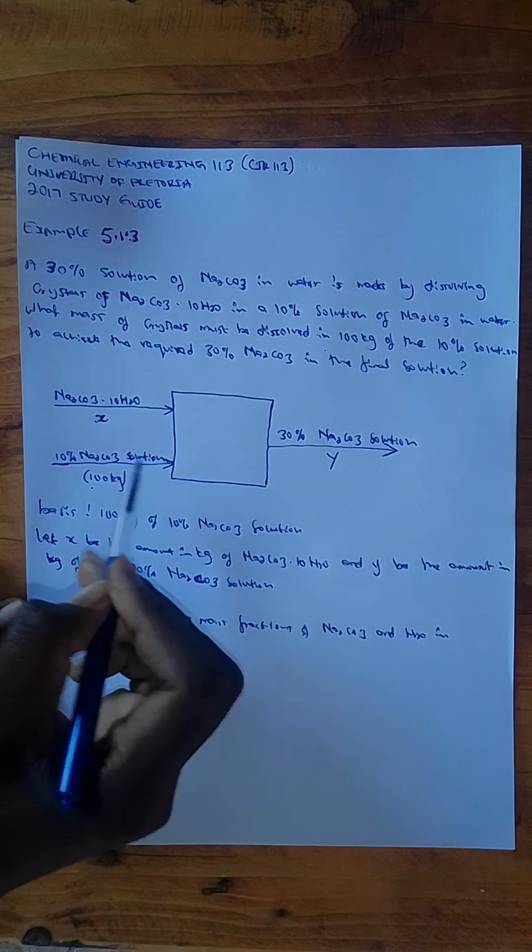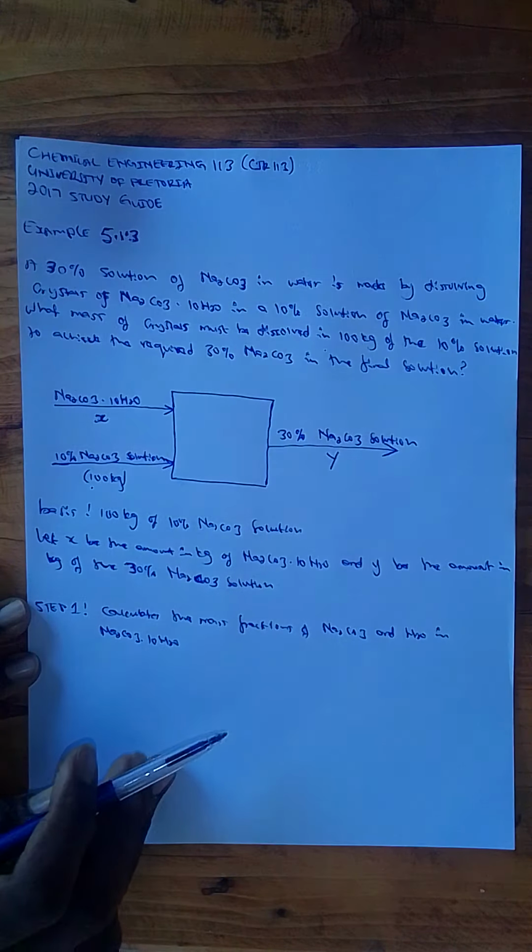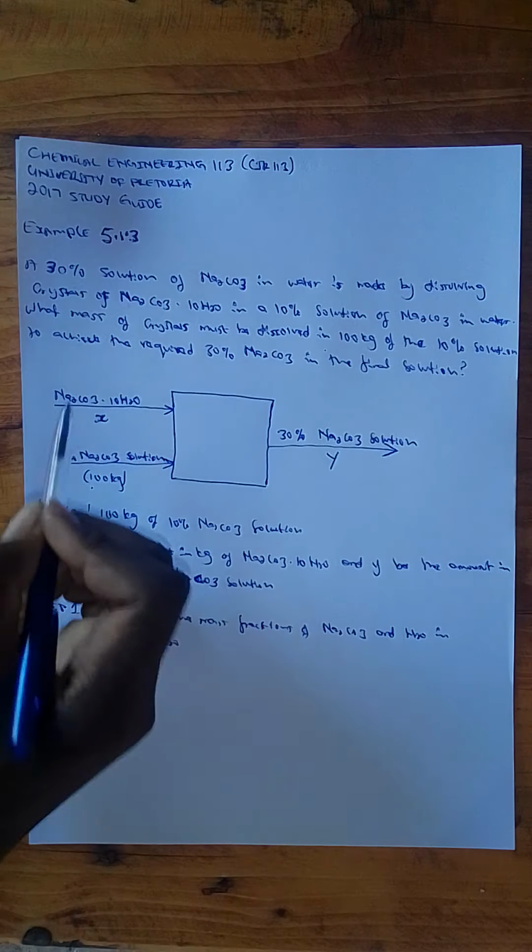Remember, here we have the mass fractions. We have 10% here, we have 30% there. We can actually easily get the mass fractions, but here we don't.